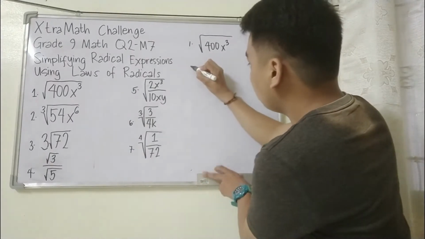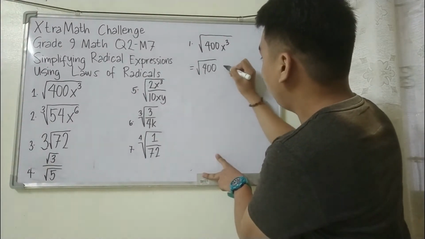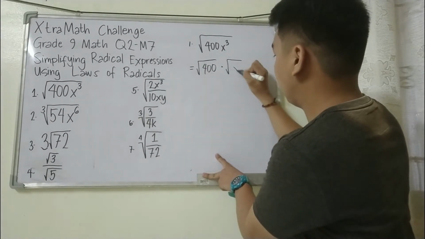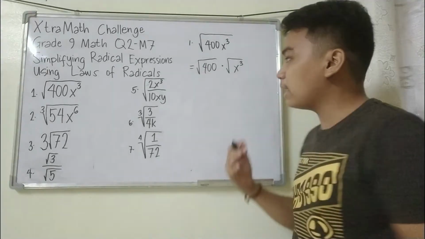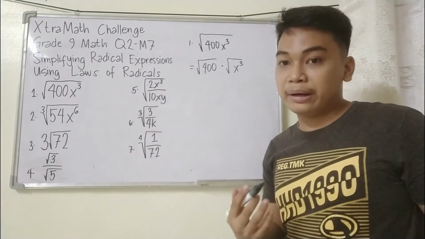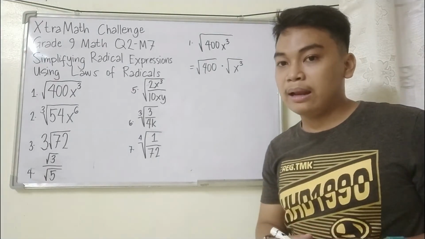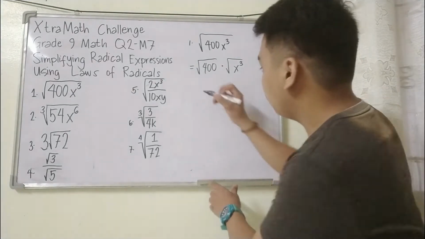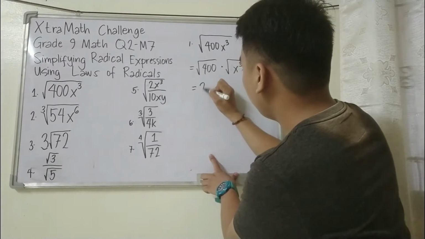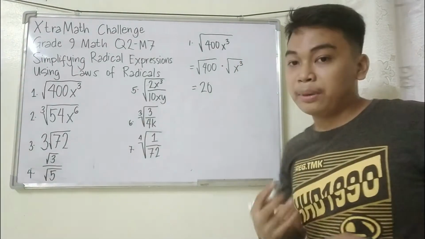So that is equal to square root of 400 multiplied by square root of x cubed. And as we can see, this number is a perfect square. So if we are going to get the square root of 400, that is equal to 20. So we have here 20, and this x cubed is not a perfect square.